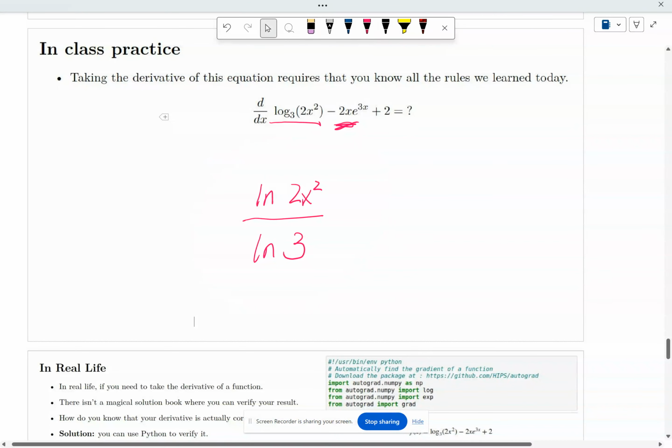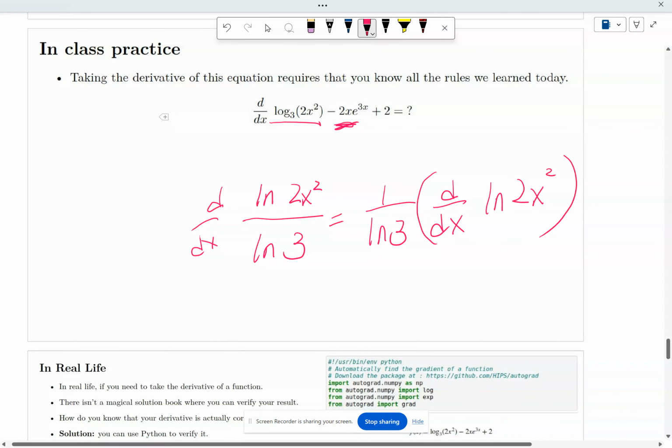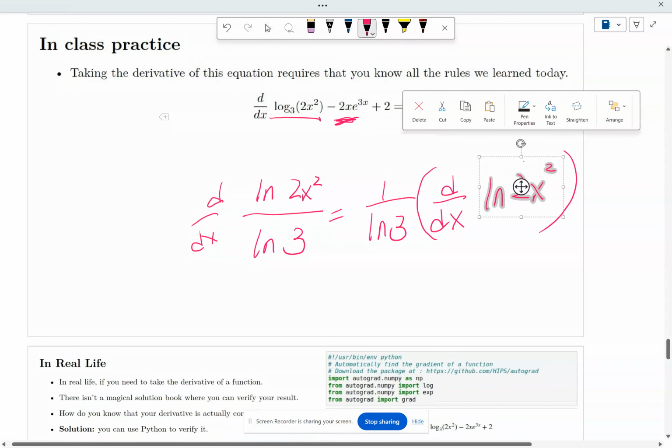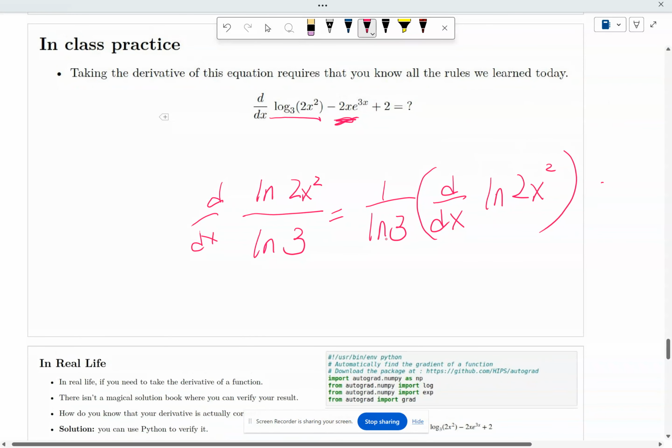Well, this is equal to 1 over log of 3 times d/dx of log of 2x squared. Now let's call this whole thing g. So therefore, it's just log of g, where g is equal to 2x squared.